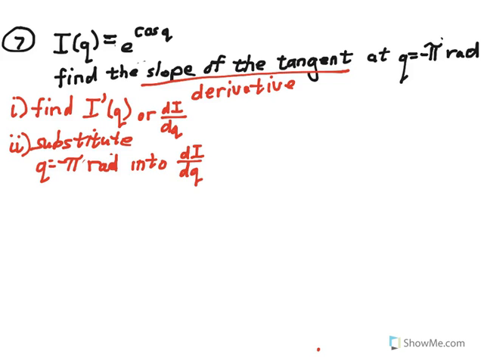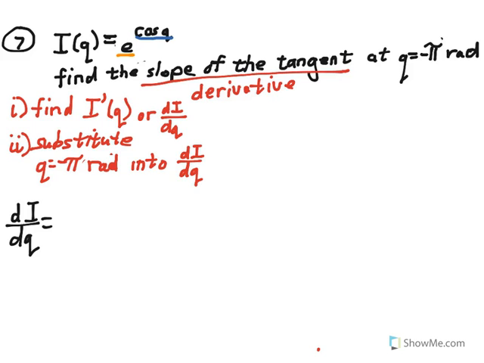Alright, so first taking the derivative is not too bad. We have our inner function, which is cosine q, and then we have our outer function, which is e. So the derivative di dq is going to be the derivative of the outer function. The derivative of e to the x is e to the x.